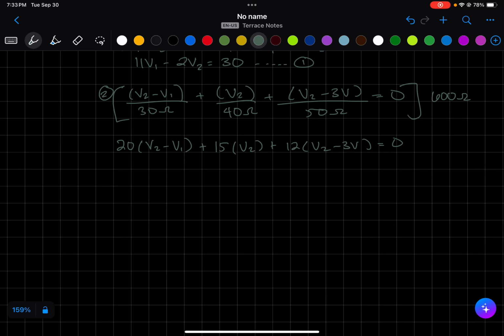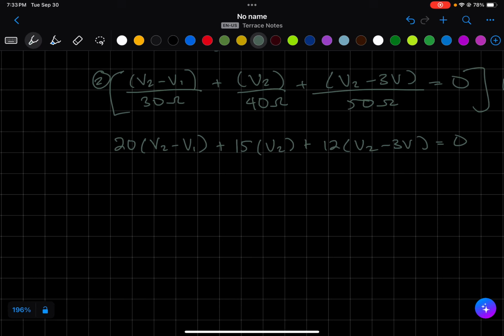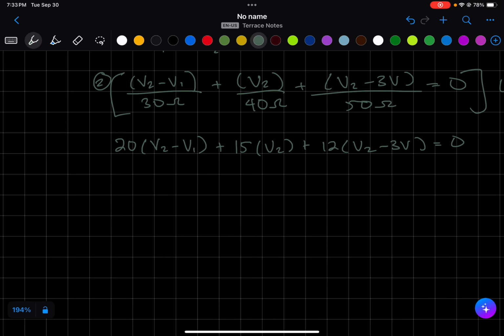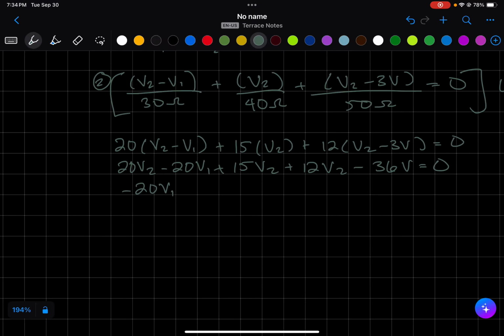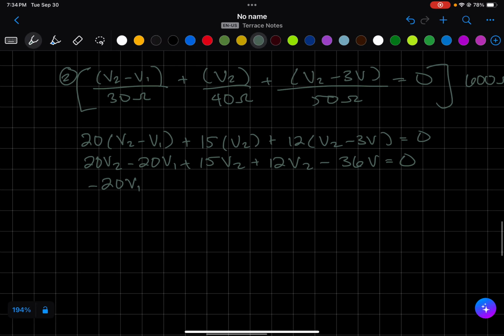Okay, and then you distribute outside of your parentheses to the inside. It gives us this. Next, you combine like terms. So combine v2 together, and then combine v2 together.